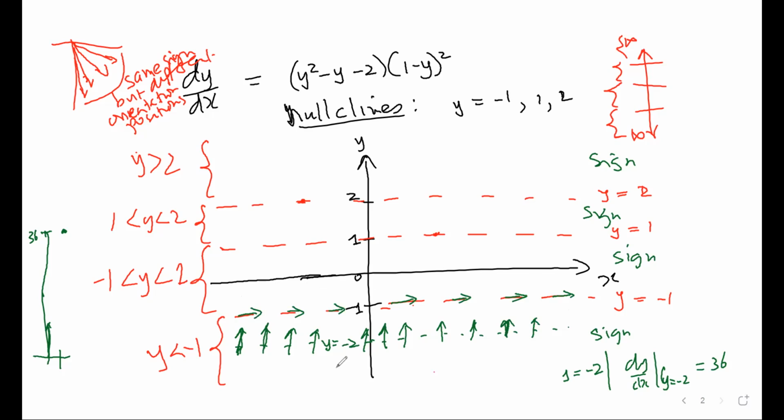Now, look, as we move from y equals minus 2 to y equals minus 1, we start with an almost vertical orientation, but we have to change the orientation so that by the time we hit the nullcline, we have horizontal orientation.